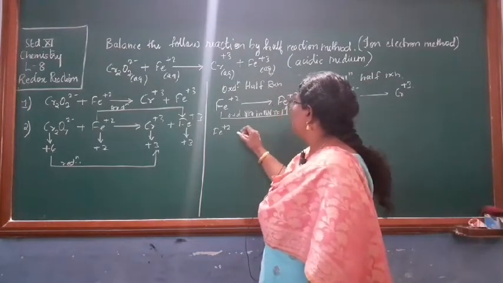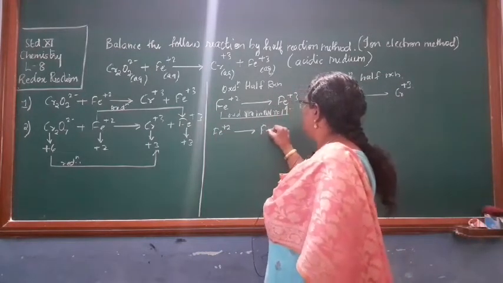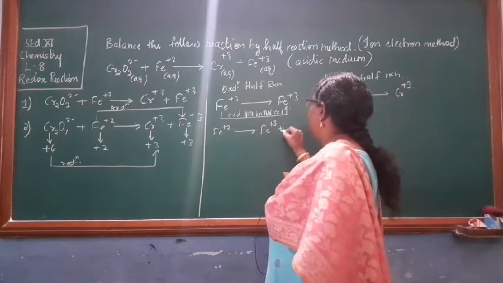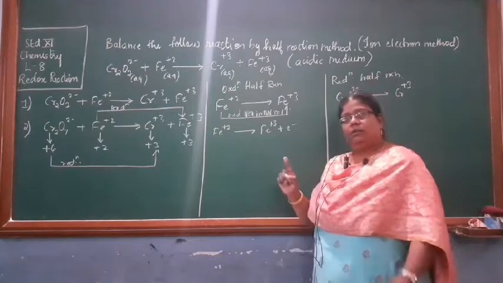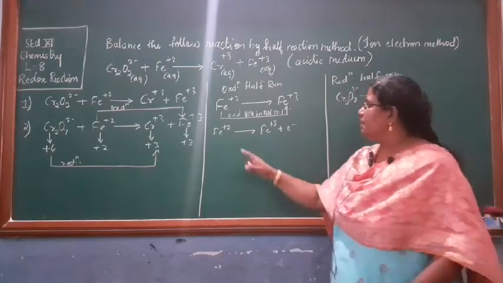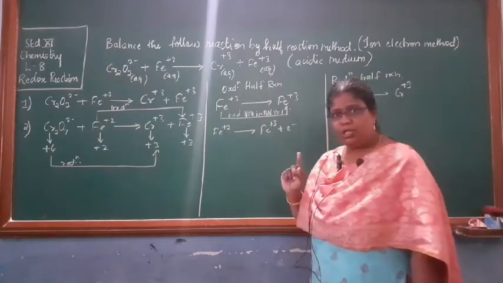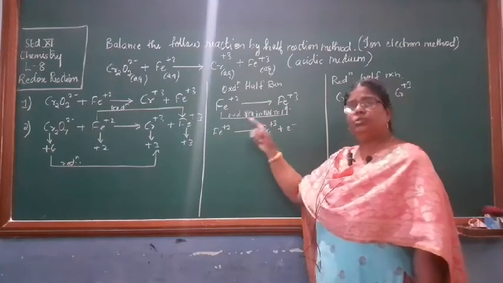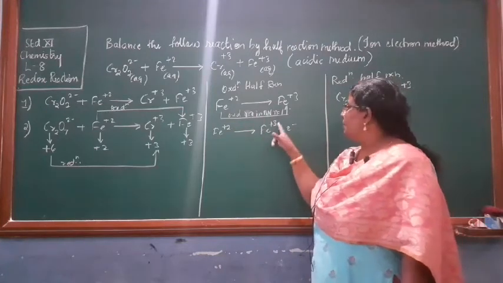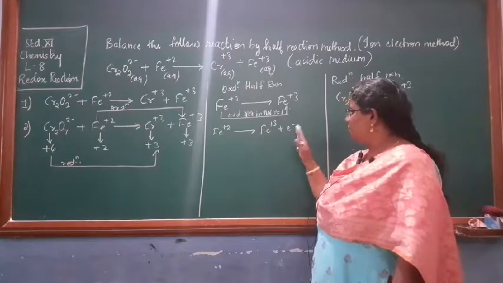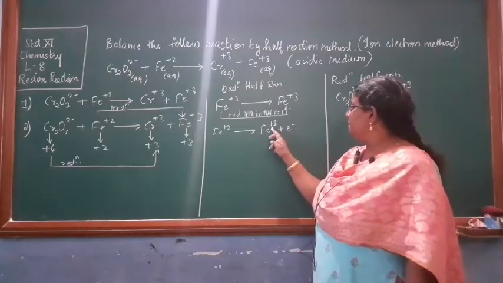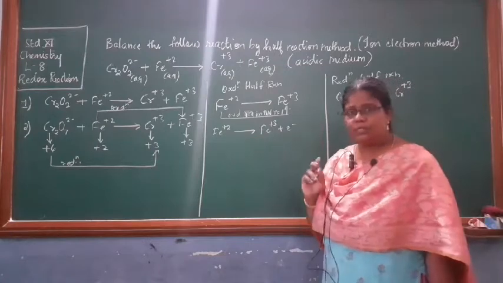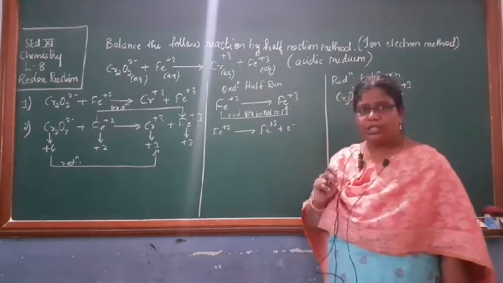Fe plus 2 giving Fe plus 3 plus electron. Another way of understanding is that here Fe plus 2 is the charge, and I need the same charge on the other side, so for Fe plus 3 I should add 1 electron, isn't it? So minus 1 plus 3 will give you plus 2, so the charge also becomes equal.